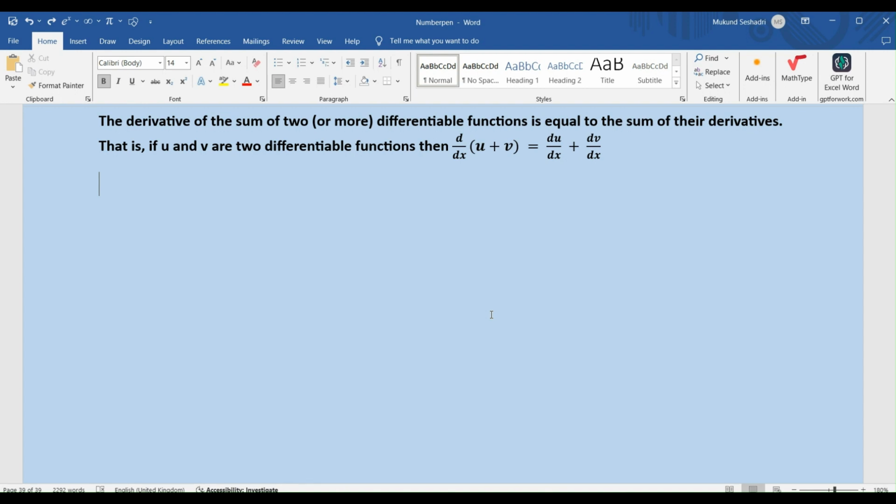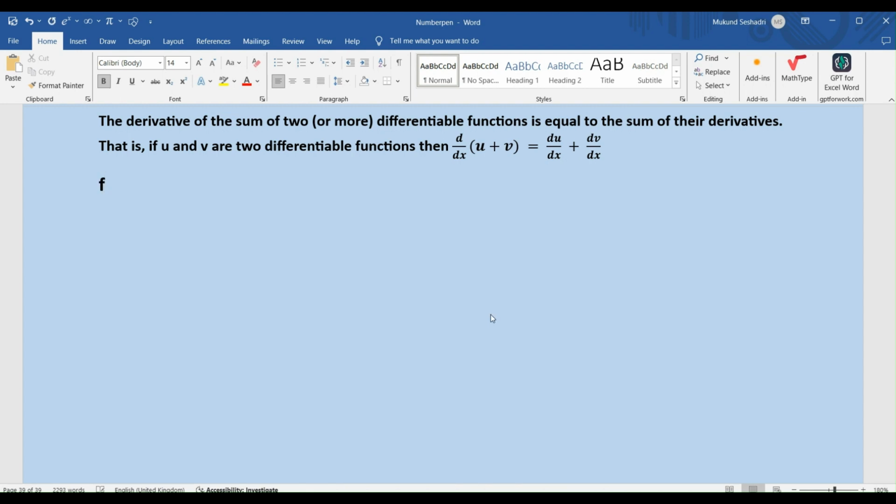So we often call this the sum rule in differentiation, and we're going to look at the proof for this sum rule, right? So remember, u and v are again functions which are dependent on the independent variable x. We've been asked to prove d by dx of u plus v equals du by dx plus dv by dx, right? So let's go back to our first principles.